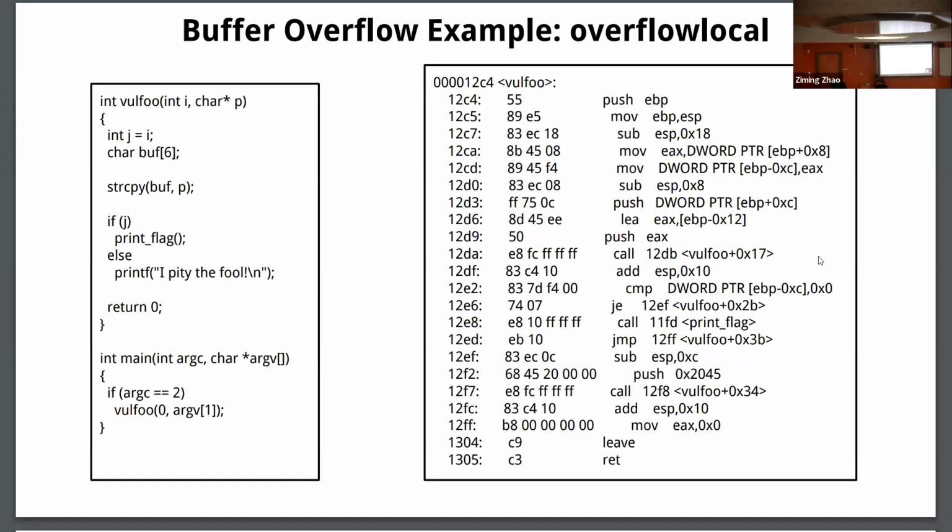What is RBP+8? RBP points to the saved RBP, which is 8 bytes in this case, not 4 bytes. So RBP+8 will be the return address, which is also 8 bytes. RBP+16 is hard to tell. If the function has more than 6 parameters, it could be a parameter.